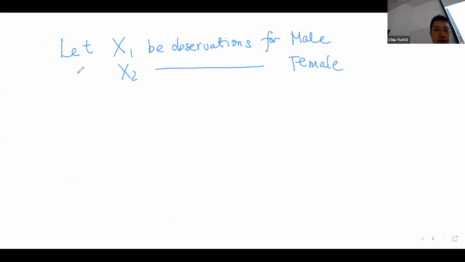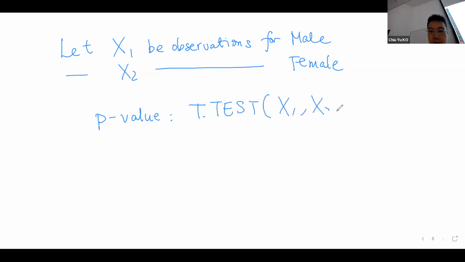The input will then be just the p-value, which is t.test(x1, x2, 1, 2).